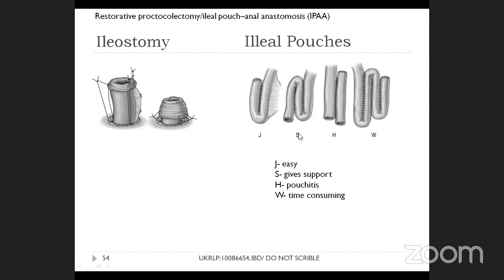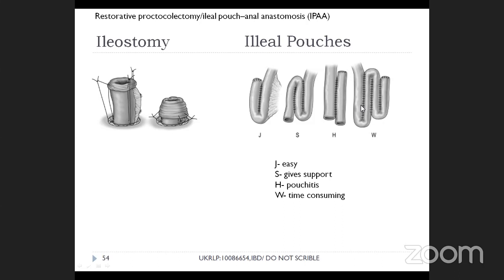Again, the advantage is that it gives support to the J pouch, and the luminal content capacity is more compared to J. There is a chance of pouchitis, or inflammation of the pouch, in the H type of ileal pouch. And when we do a W type of ileal pouch, it's time consuming.